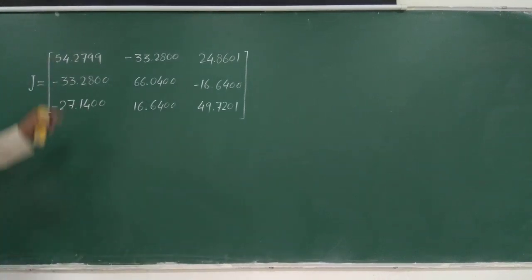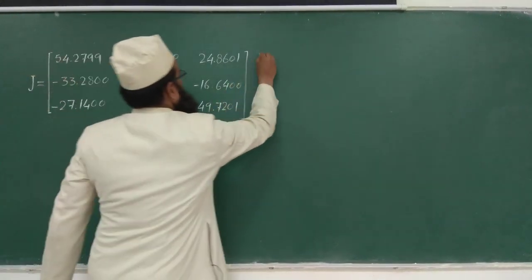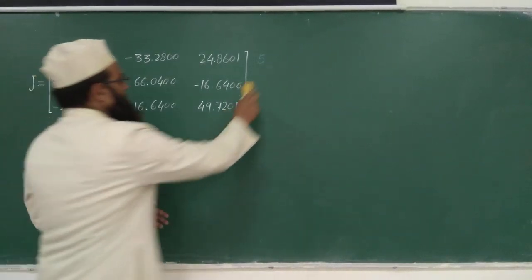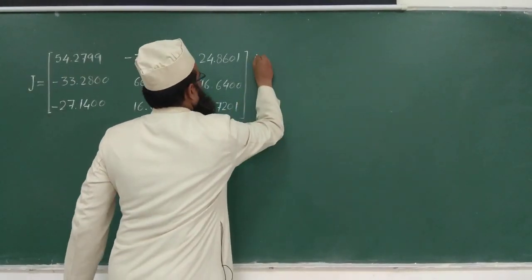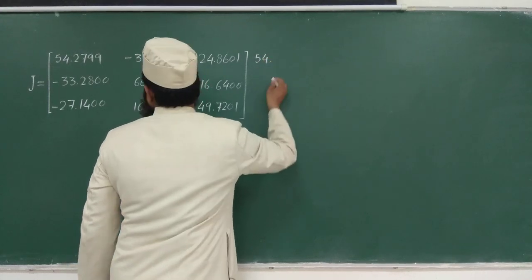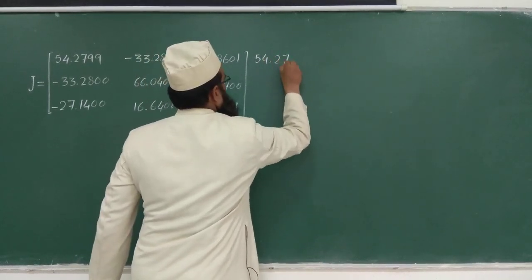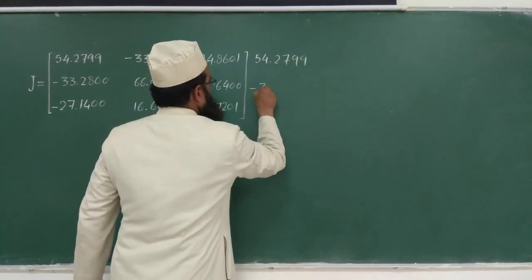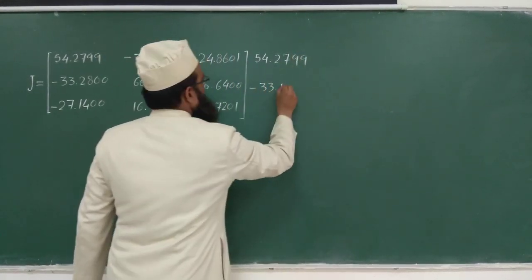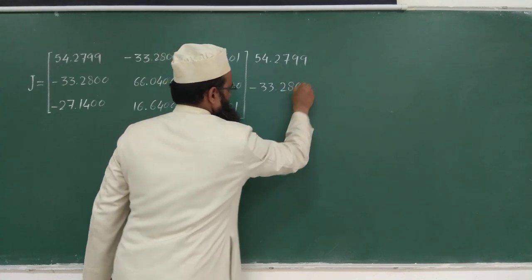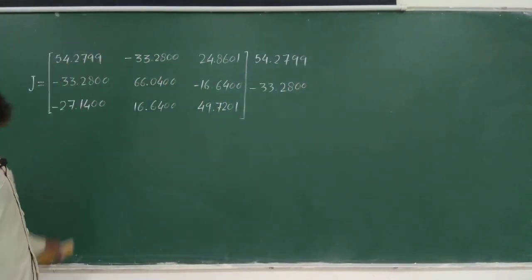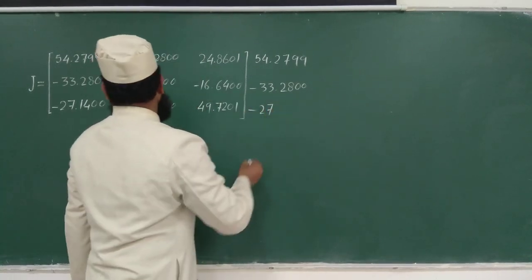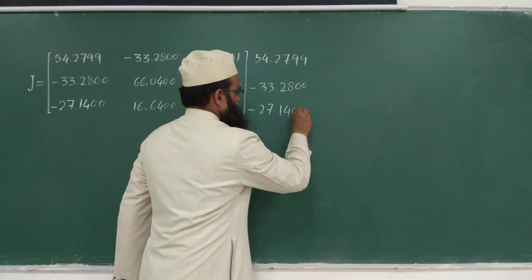Copy the elements of the first column right here: 54.2799, minus 33.2800, fine, and minus 27.1400.